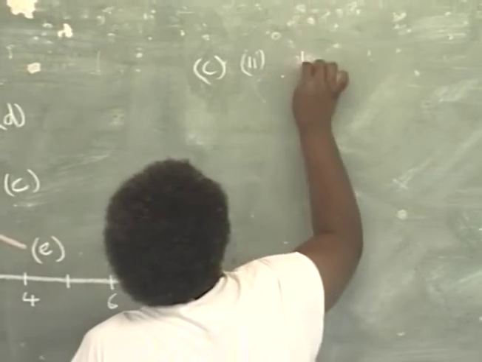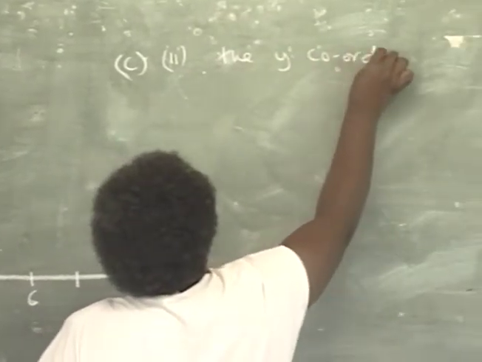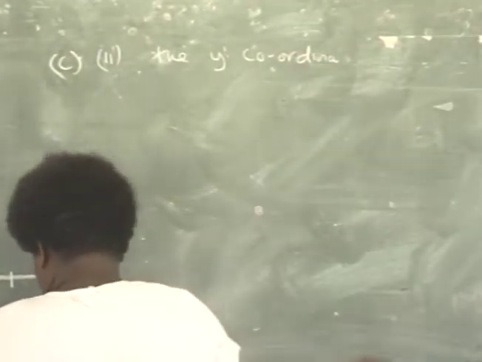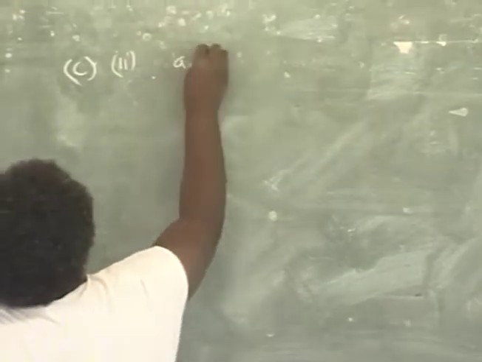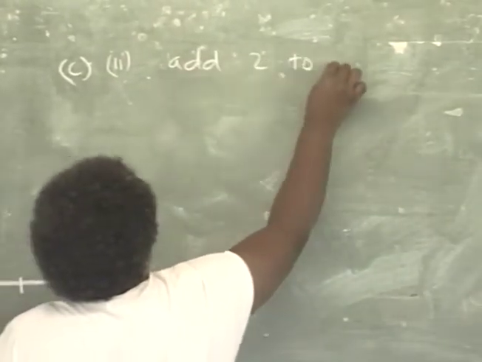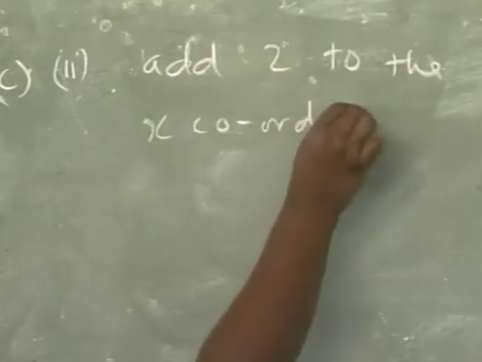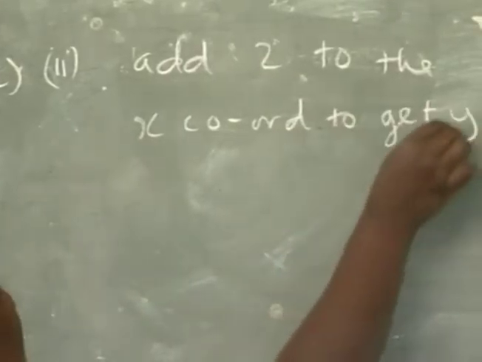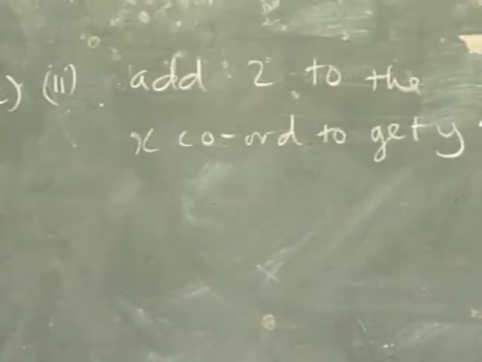Okay, he says add 2 to the x coordinate to get y. Is he correct? This is letter C we are talking about.